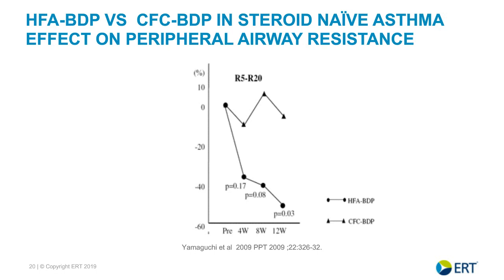And as you can see, over the 3-month period, whilst the peripheral airway resistance fell in response to the small particle inhaled steroid, it didn't significantly change with the large particle inhaled steroid. So again, showing clearly that measuring small airway resistance using oscillometry will detect better a response to inhaled steroid in the peripheral lung. So let's just summarize this up.